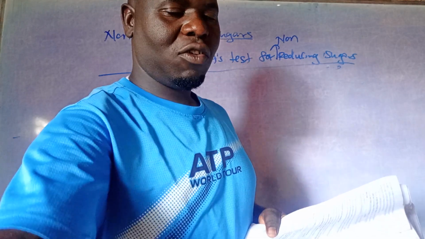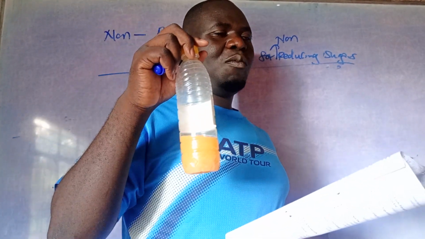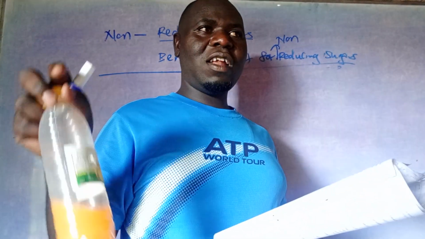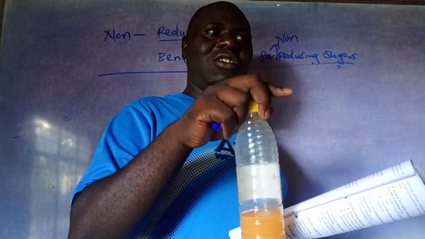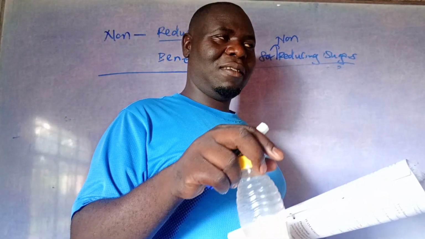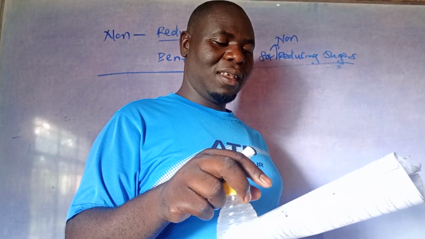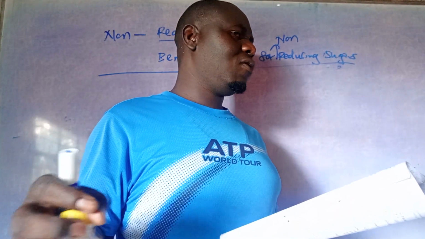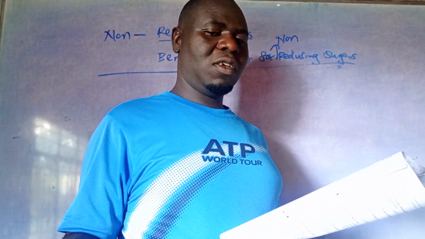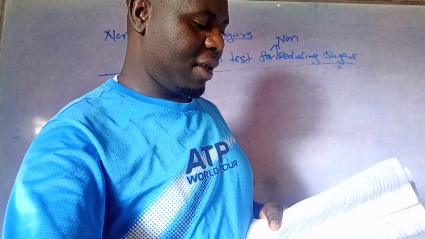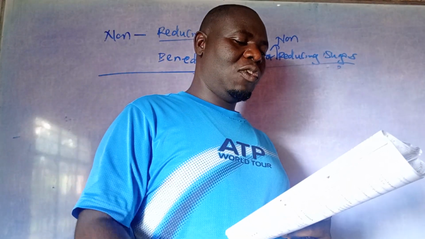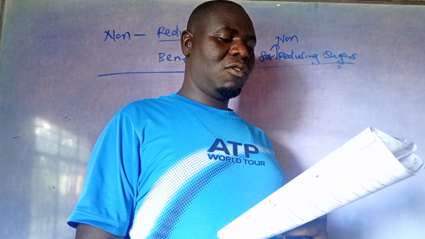So when you get a new solution, you put 2 centimeter cubic of the sample solution into a clean and dry test tube. Then you add what? Hydrochloric acid. Then you heat for 2 or 3 minutes using a water bath. Then after adding this acid, next stage you add sodium hydroxide.